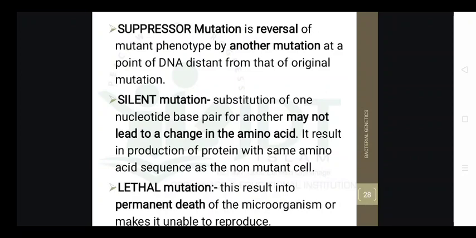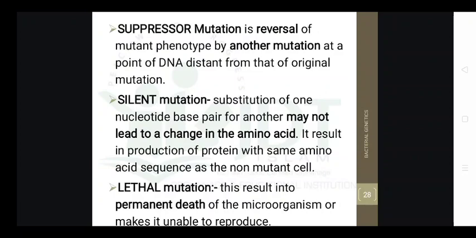Now, suppressor mutation is a reversal of the mutant phenotype by another mutation at a point in the DNA distant from that of the original mutation. This mutation does not occur at the same point, but some distance apart from the first mutation, and it will not change the amino acid sequence. It reverses the first mutation by the second mutation.